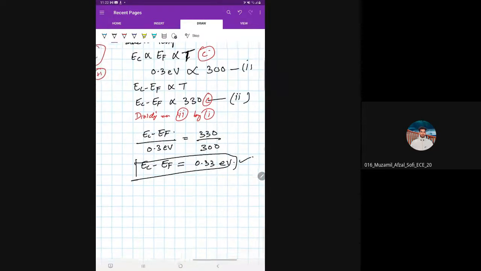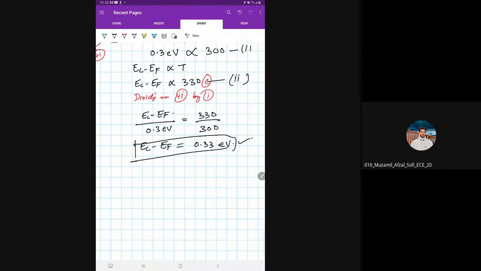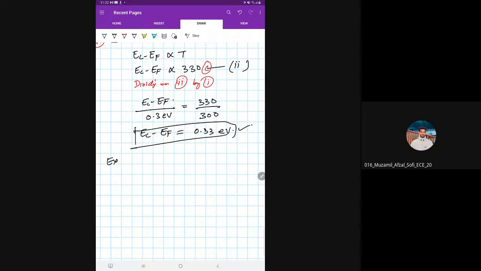Write down another question. Another example: in an N-type semiconductor, the Fermi level lies 0.4 electron volt below the conduction band.